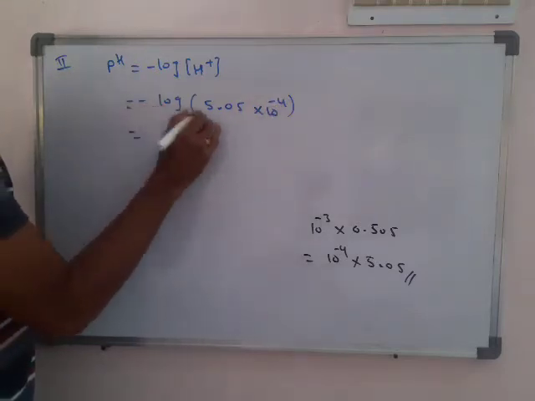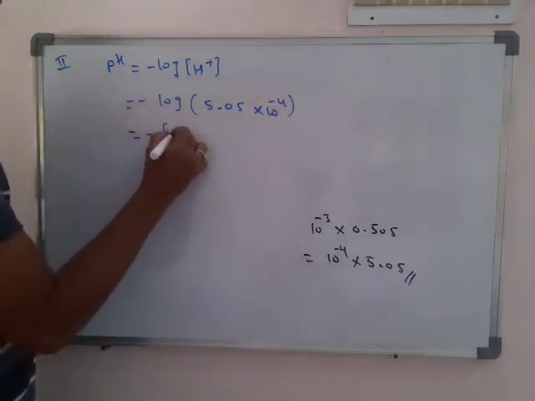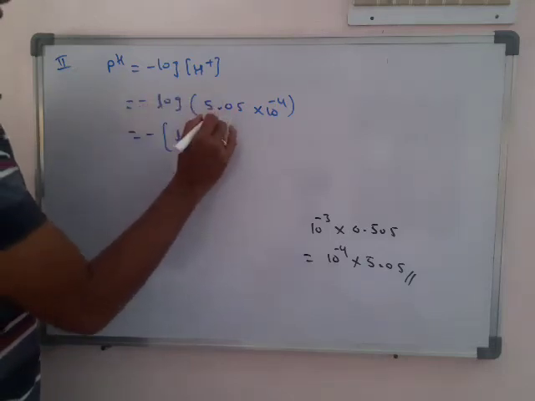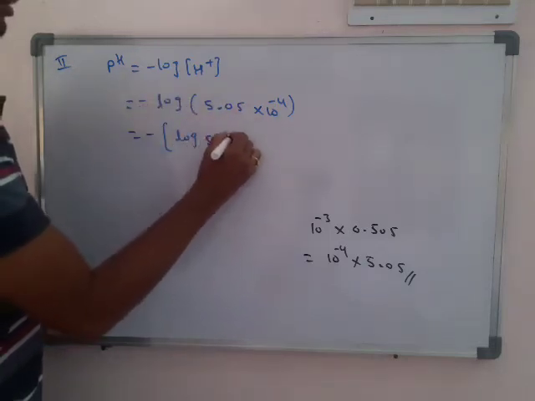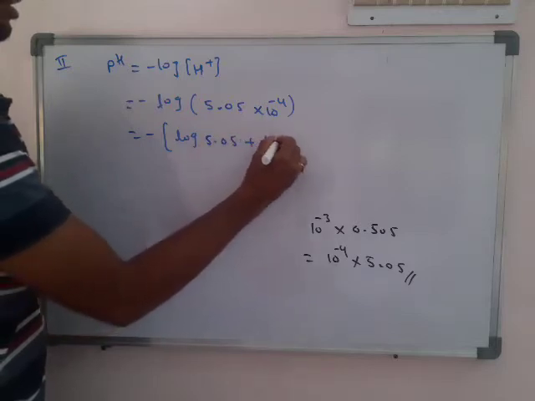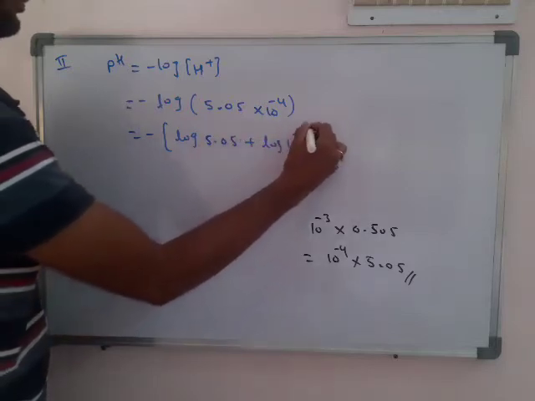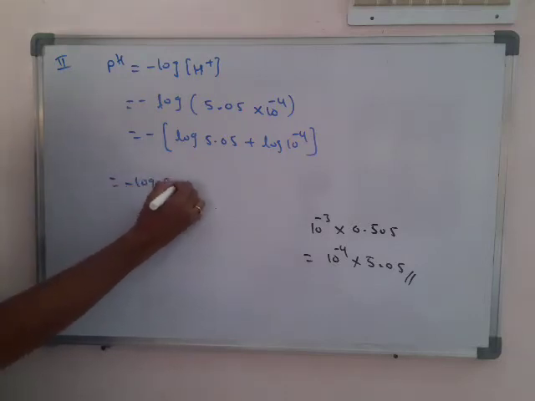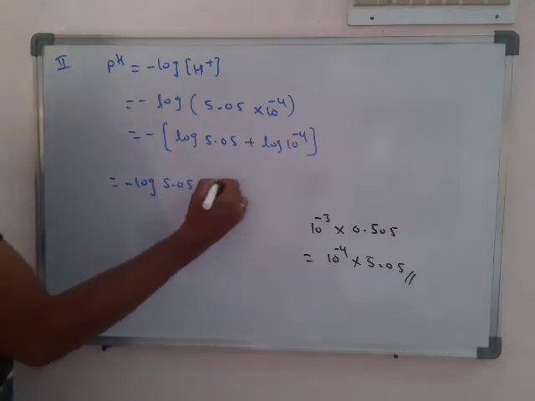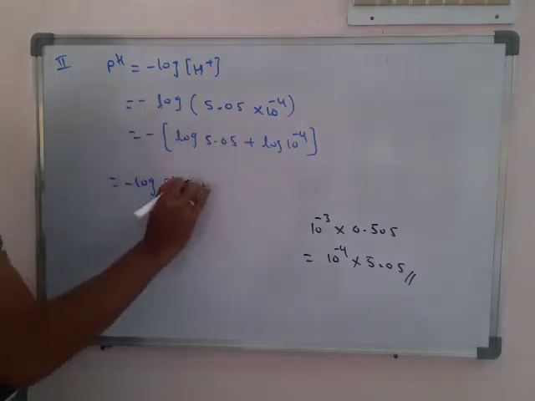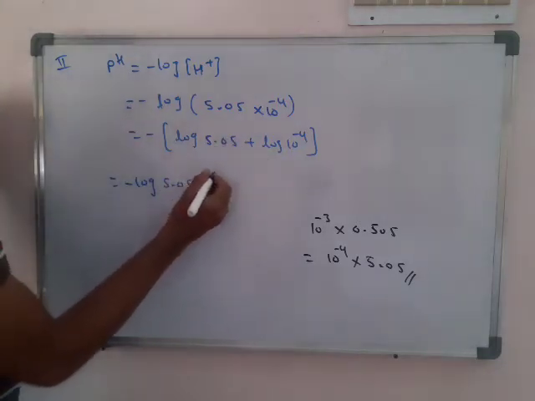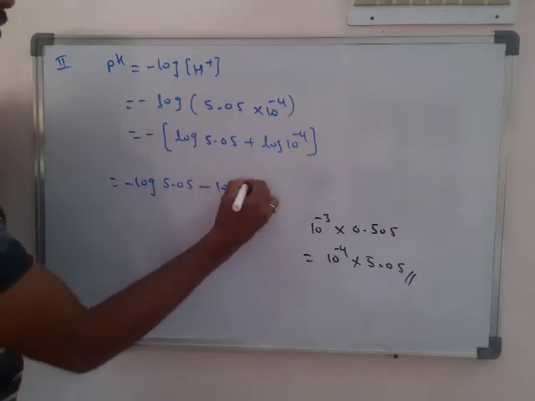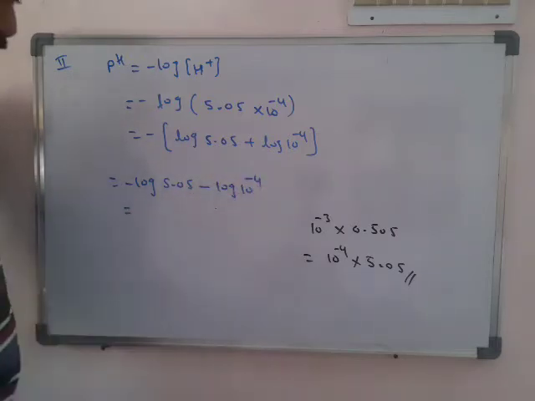We know that log of A into B means log A plus log B. So this is minus log 5.05 minus log of 10 power minus 4.